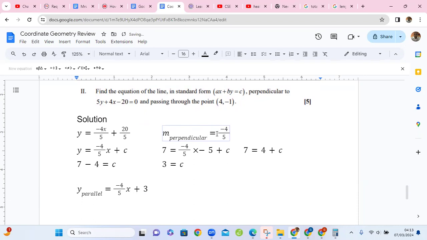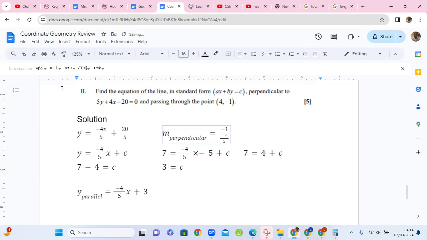So now it's negative 1 over the original gradient, to get the gradient of the perpendicular. And this simplifies to 5 over 4. So that's the gradient of the perpendicular.